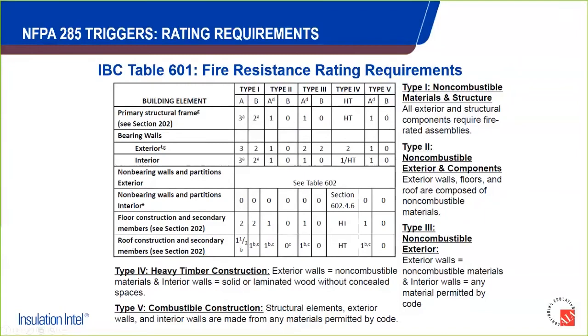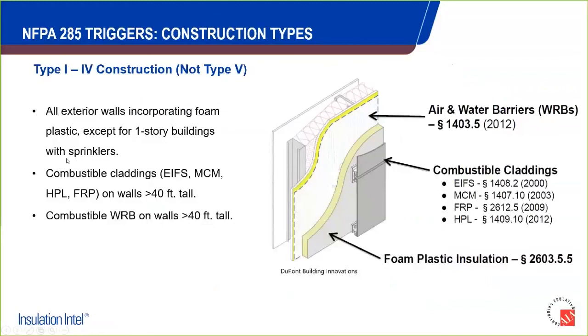You see various types of non-combustible elements with, let's say, Type 2. This is perhaps the most common type. Exterior walls, floors, and roof are composed of non-combustible materials. So introducing combustible materials into those is where the red flags start to go up. And those combustible claddings are illustrated right here.